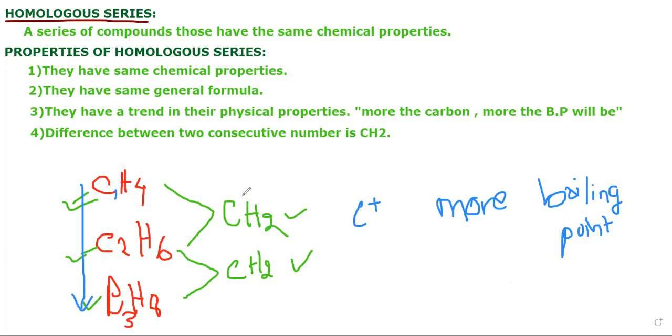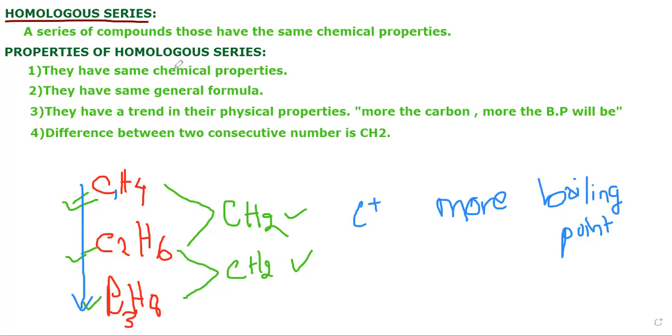So let us recall everything once again. What is homologous series? A series of compounds that have the same chemical properties. As for example, if we take the series of alkanes, there are several compounds, so we can say a series of compounds that have the same chemical properties.